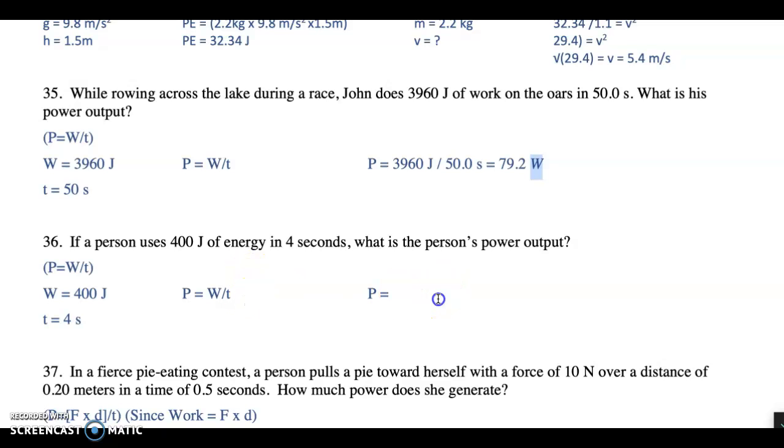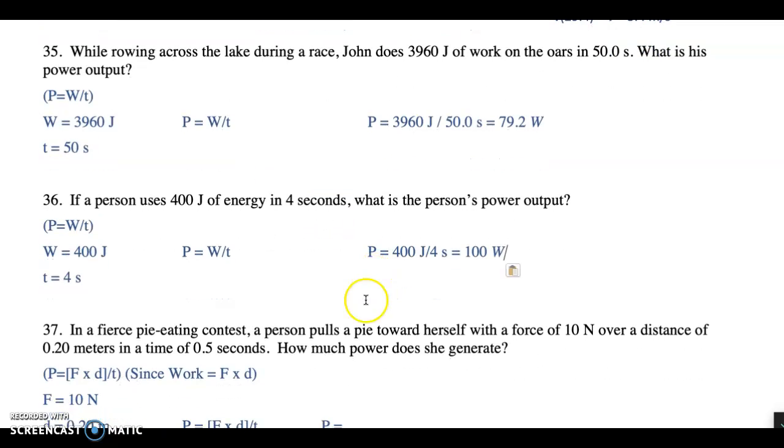So here I've got the same type of problem. The reason it's italicized is because notice work is a W as well. So I get 400 joules of work being done in a time of 4 seconds, which should give me an answer of 100 watts of power.